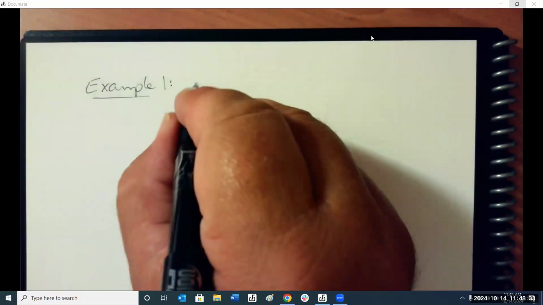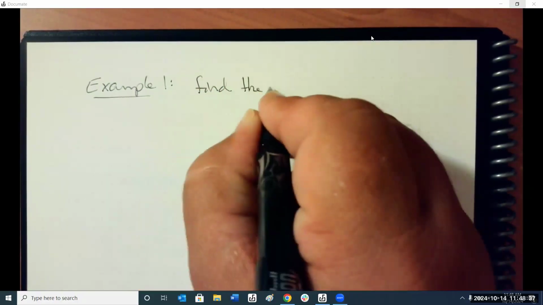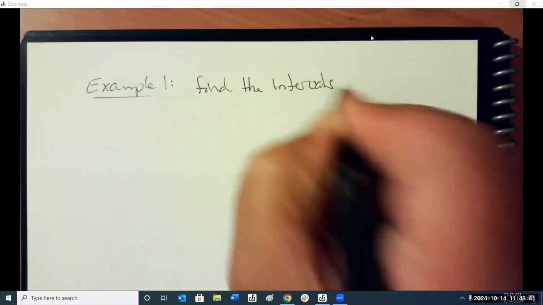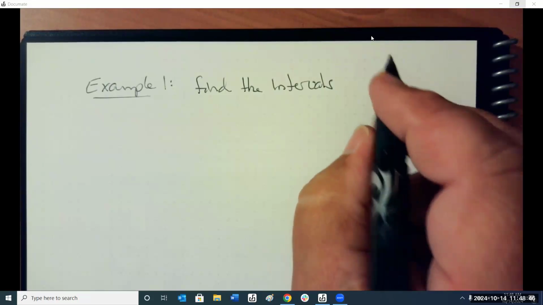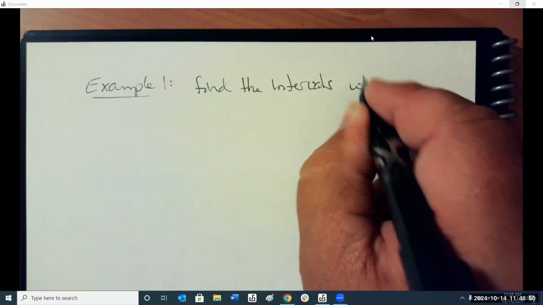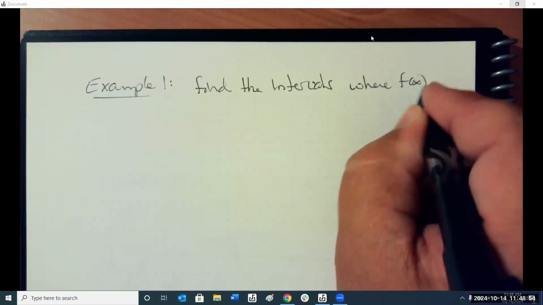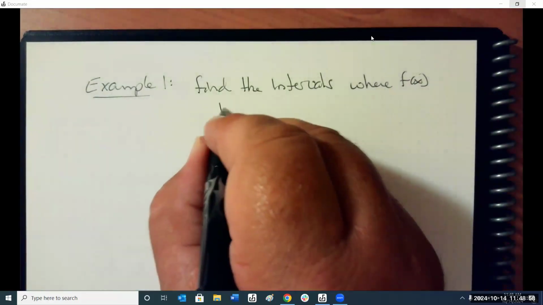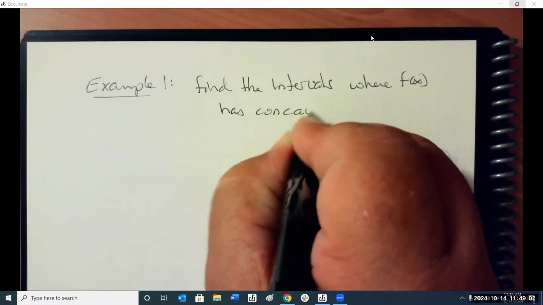Says find the intervals where f of x for the following has concavity.